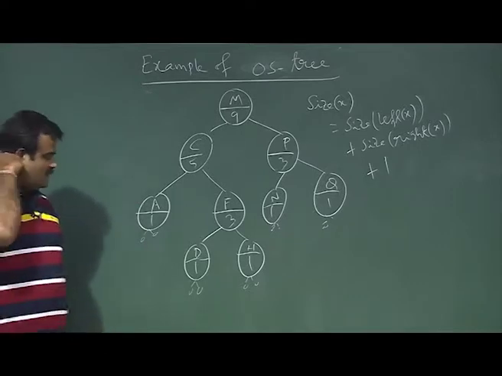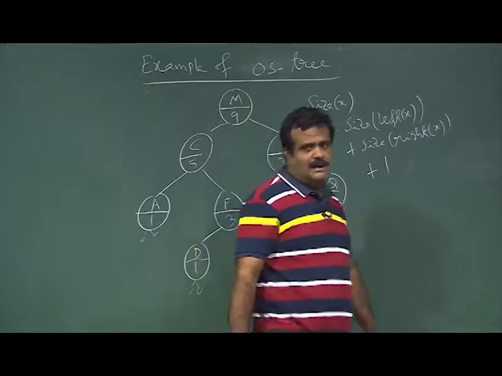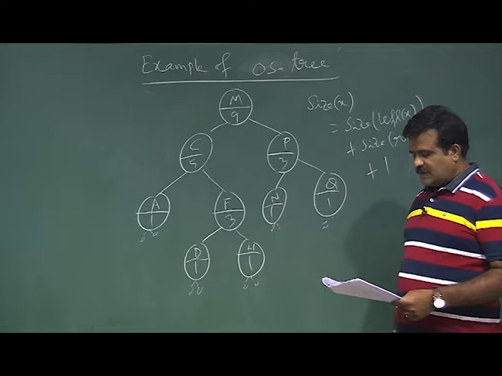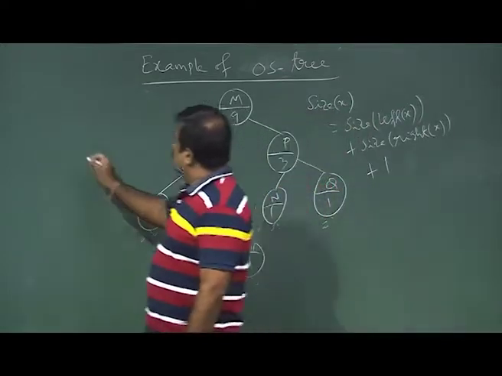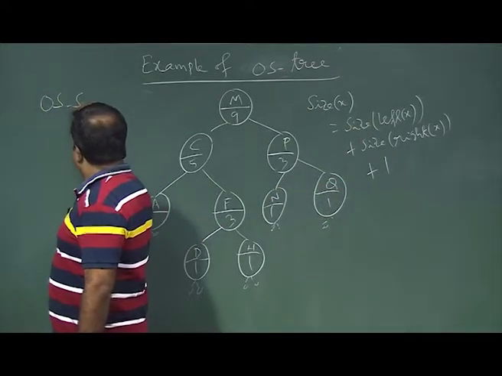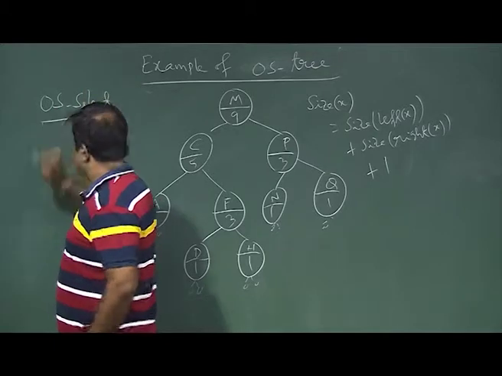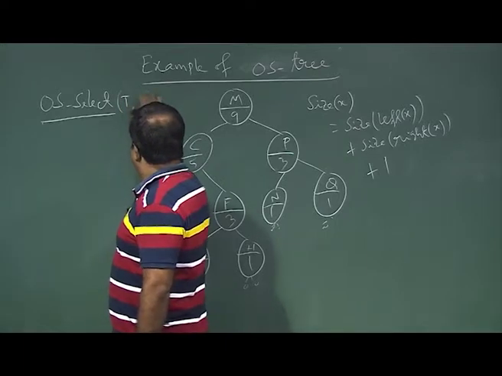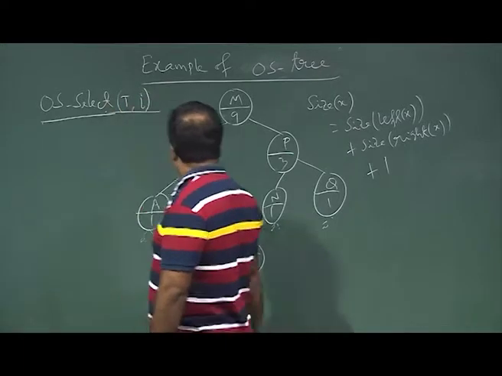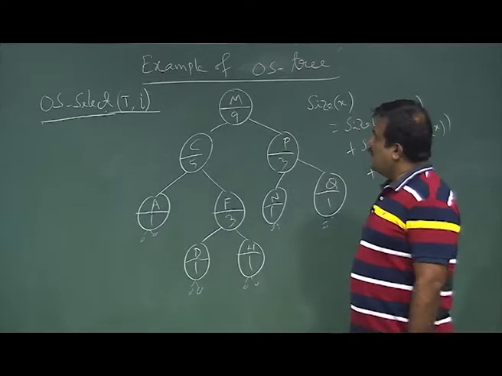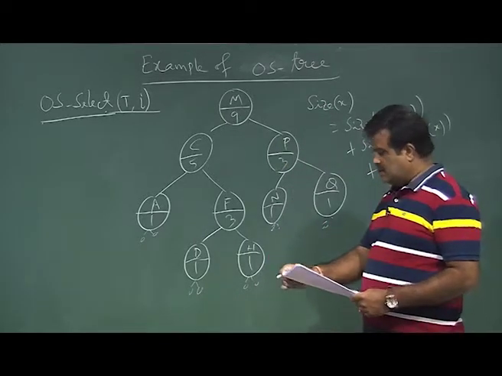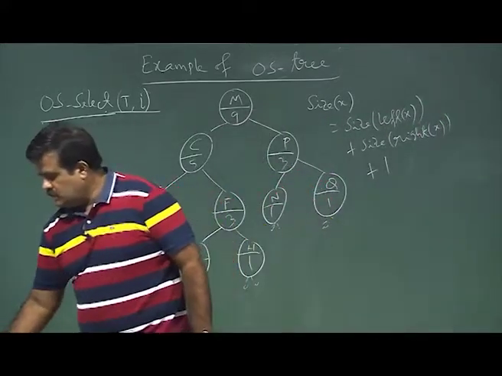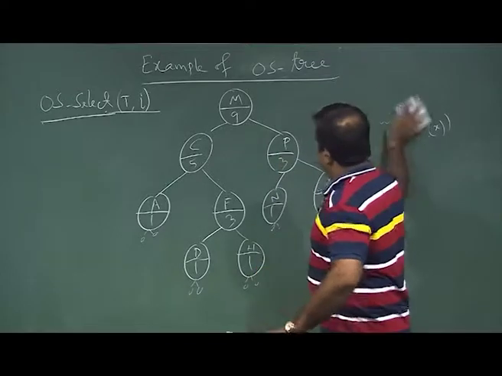Now, suppose we maintain this size. How will it help us to find the ith smallest element? So we want to perform OS select. We want to get the ith smallest element in this.